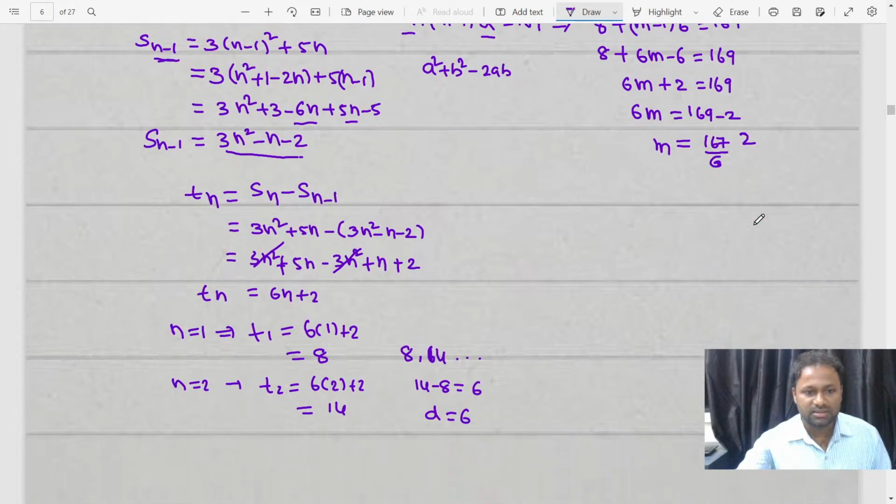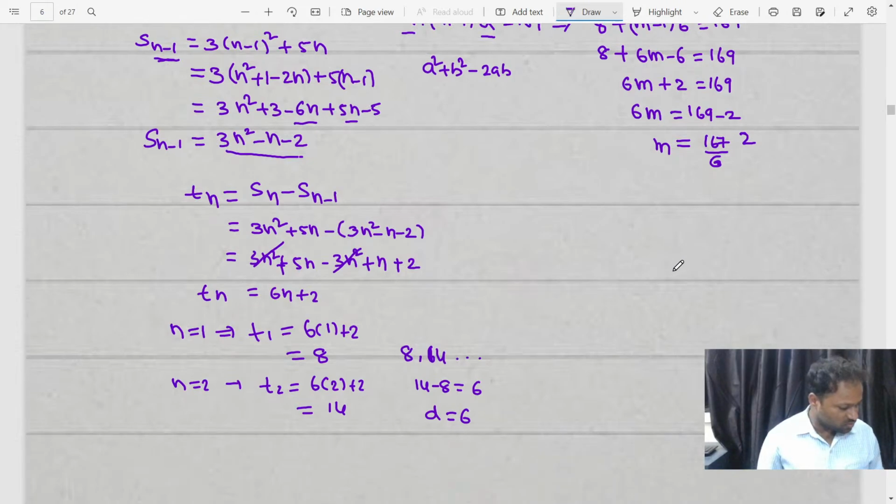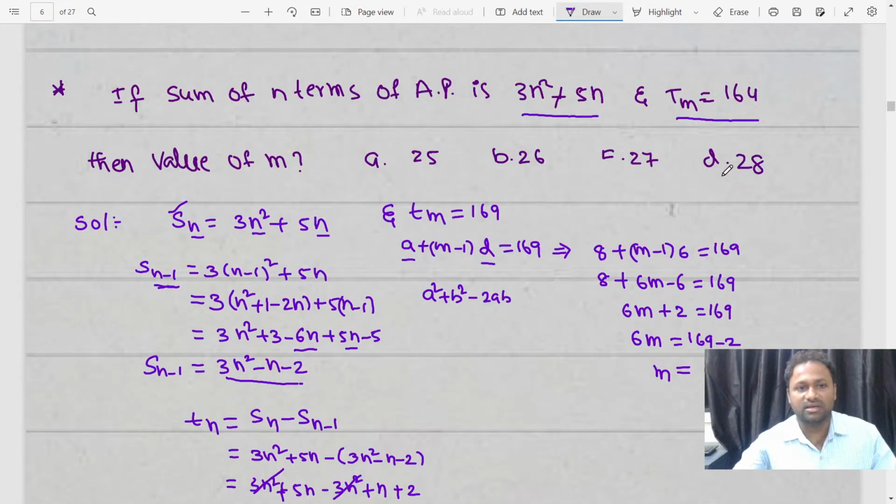A little bit of change is there. 6m plus 2 is equal to 169. Not 169, it is 164, I think. 164. Right?